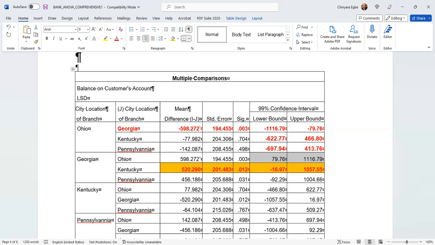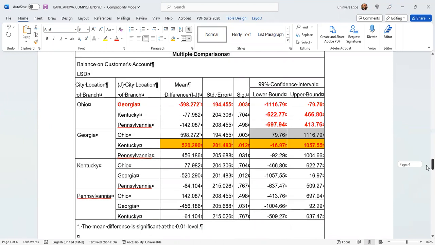I have a question. Seeing Kentucky and Pennsylvania, you failed to reject the null. How come it's not different there with Ohio? The point here is that Ohio is different from Georgia, right? Ohio is not different from Kentucky. Ohio is not different from Pennsylvania.